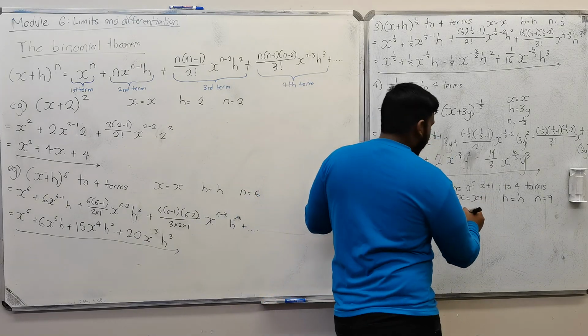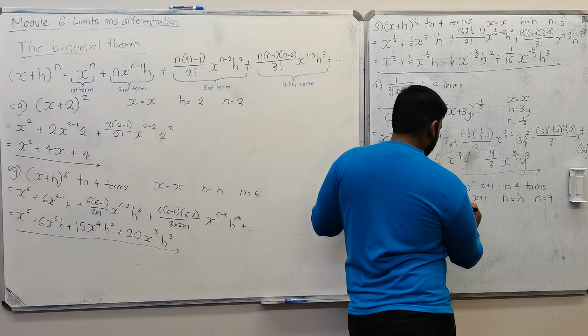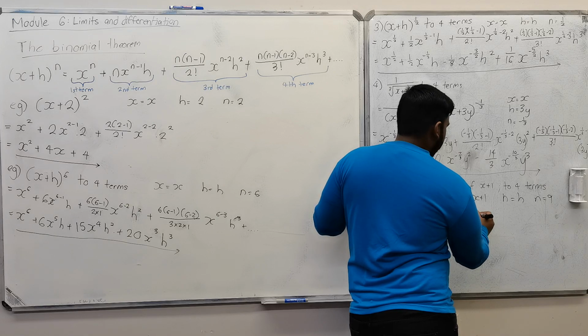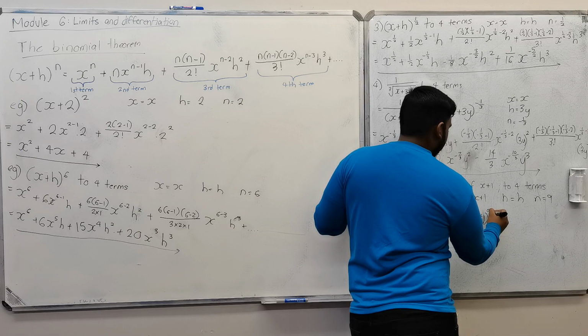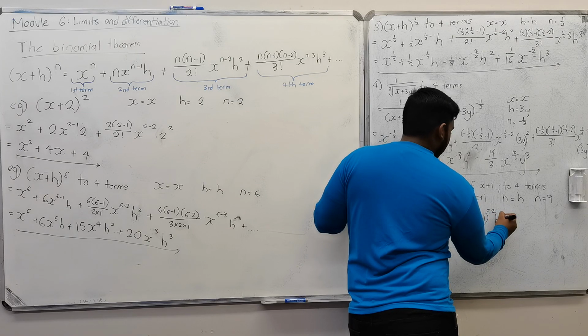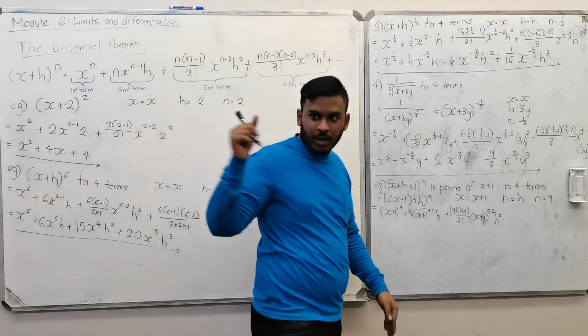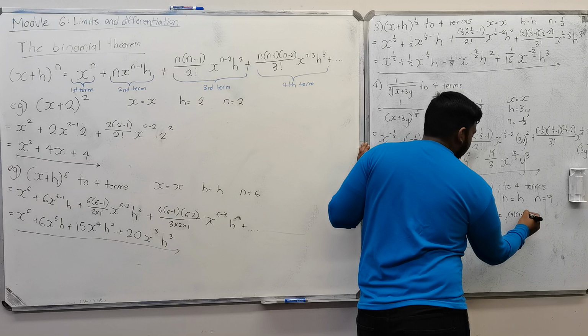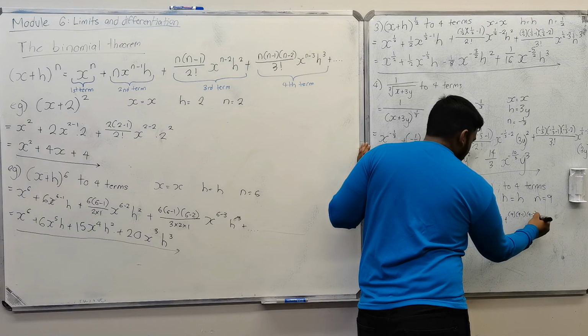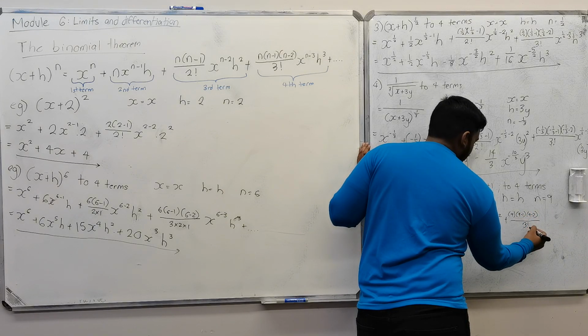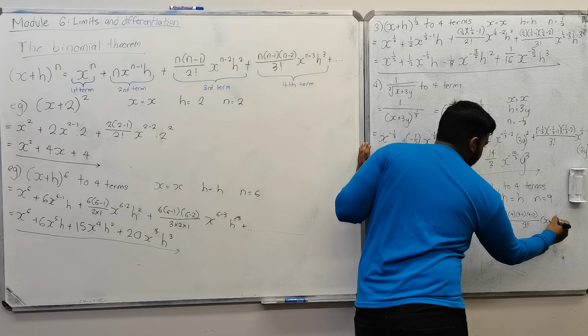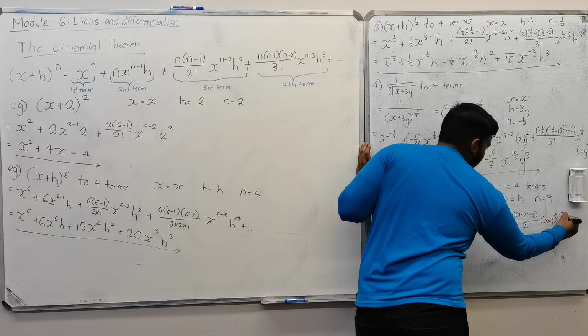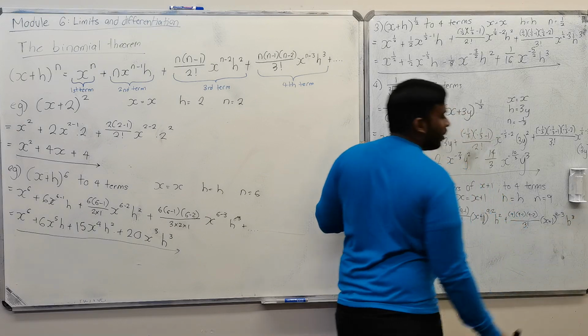Then it will be 9 into 9 minus 1 all over 2 factorial times x plus 1 to the power 9 minus 2 h squared, based on the formula. Then it will be 9 into 9 minus 1 into 9 minus 2 over 3 factorial times x plus 1 to the power 9 minus 3 h cubed.